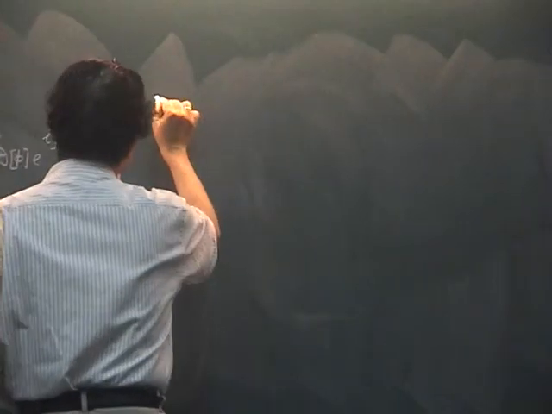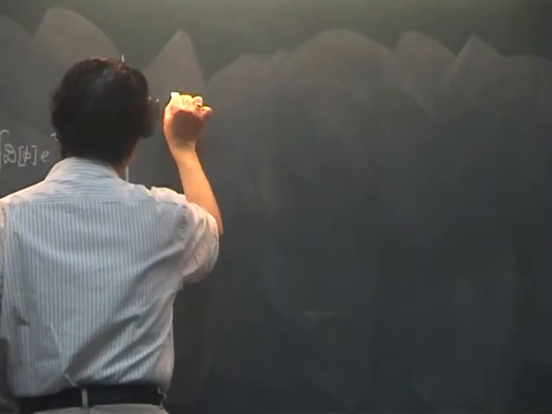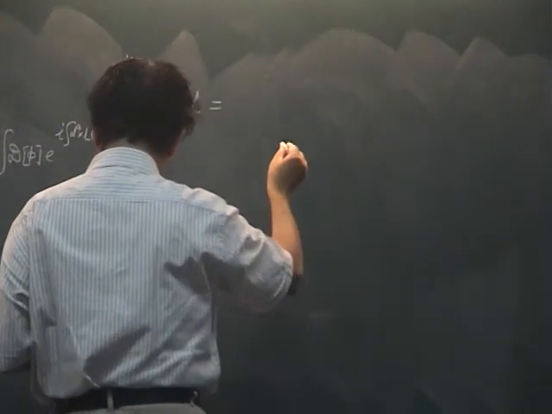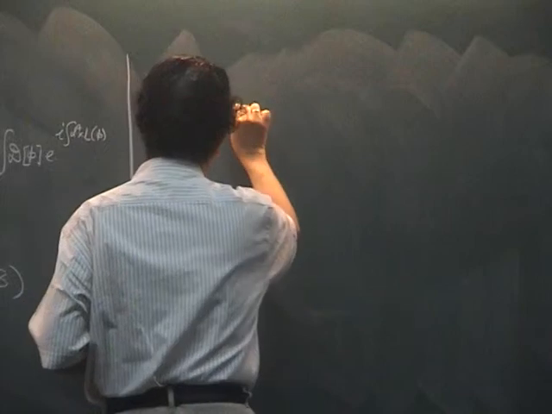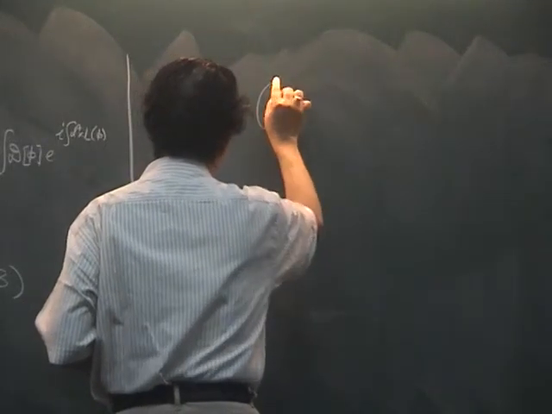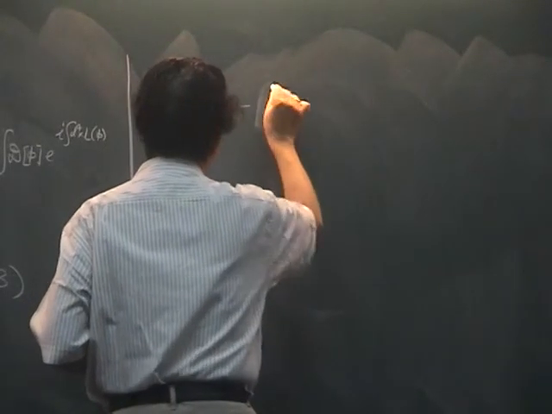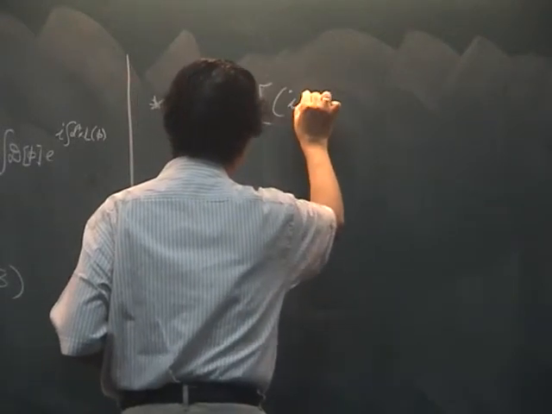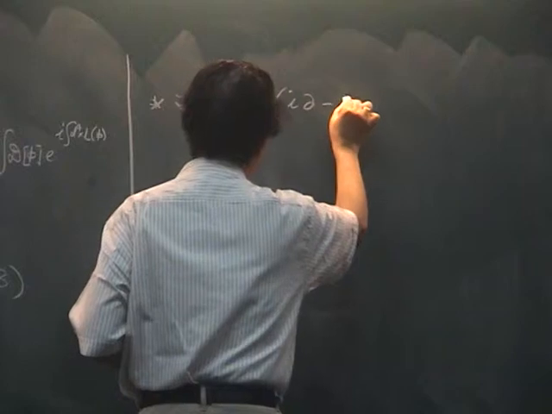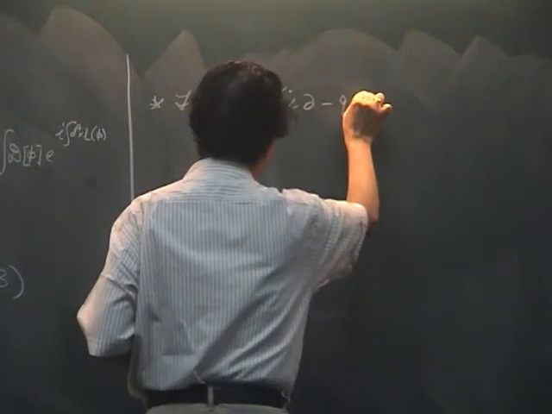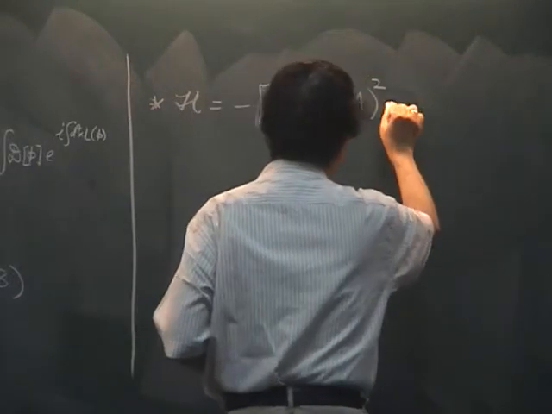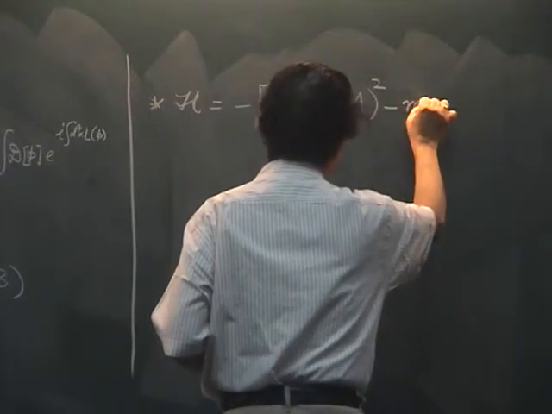So this h is, with proper signs, minus (i del minus qA) the whole square minus epsilon.